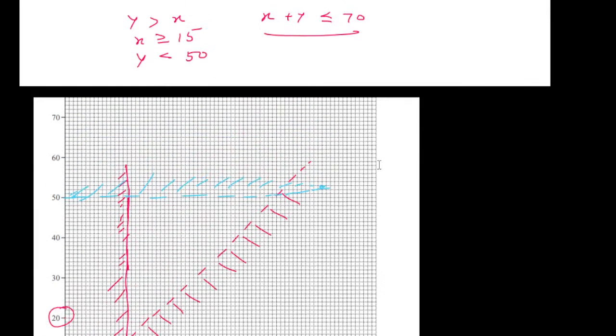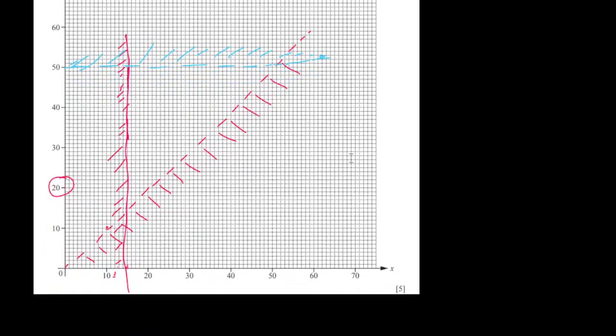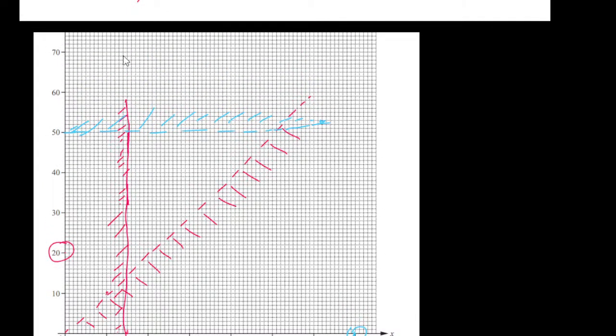And finally you have one more line, x plus y is less than 70. So here I will figure out one point here and one point here, this 70, and I will draw a line joining this 70 and 70, something like this.